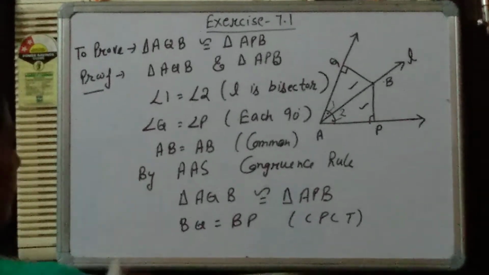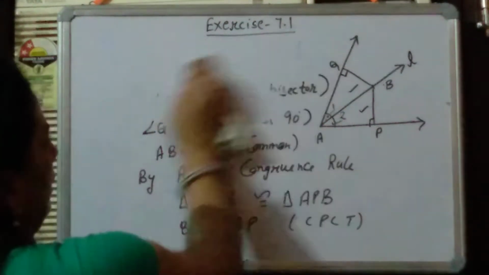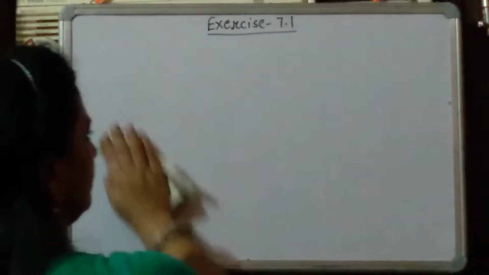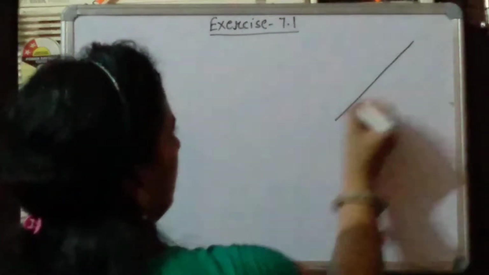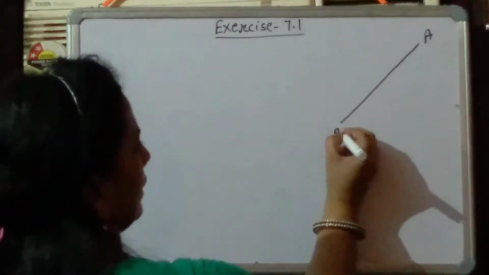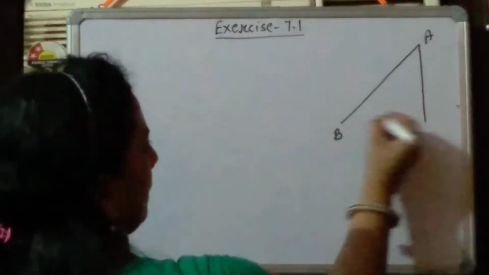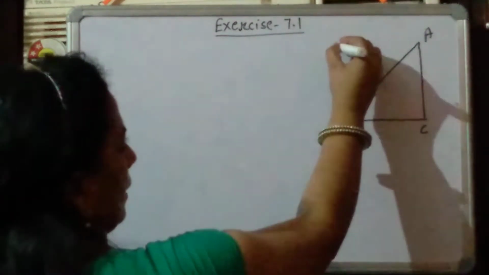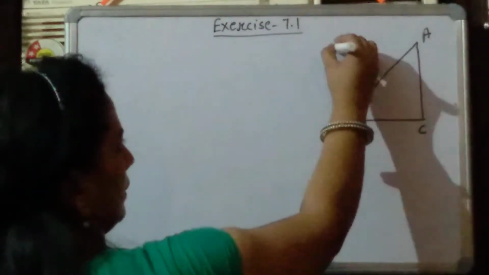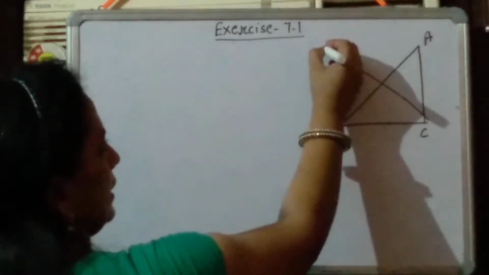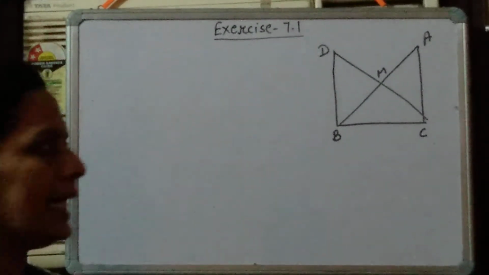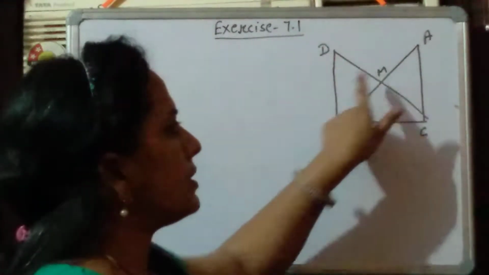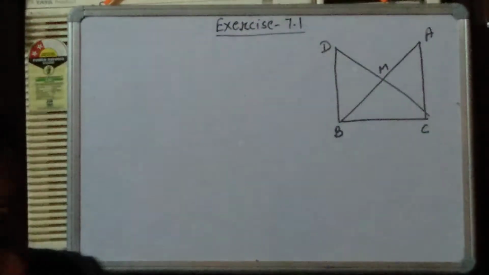Next is a figure given. A, B, C, D, and here is point M. You are given that M is a midpoint of AB.